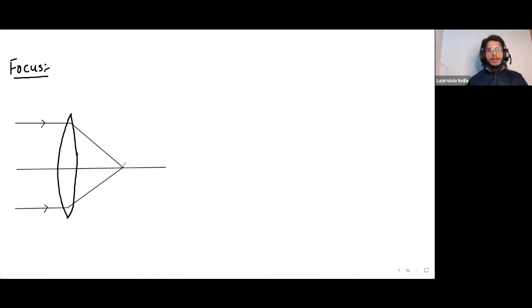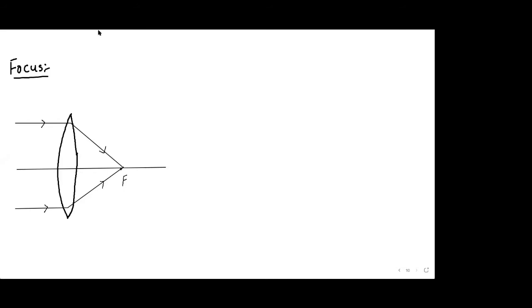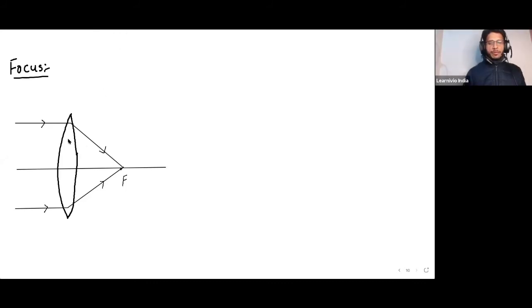The rays parallel to the principal axis converge at a point.